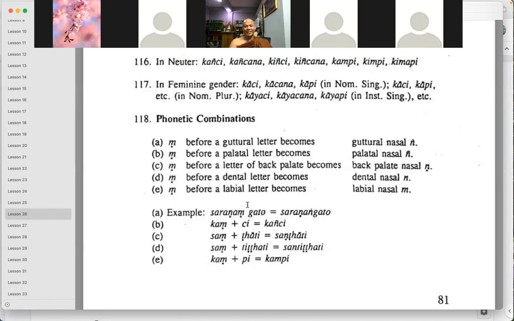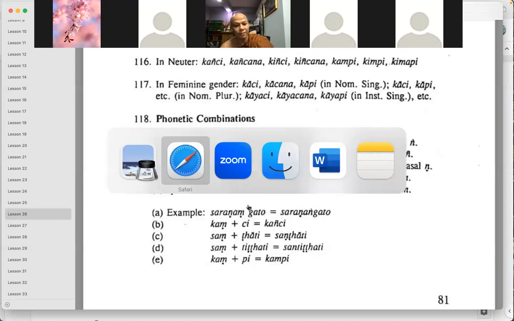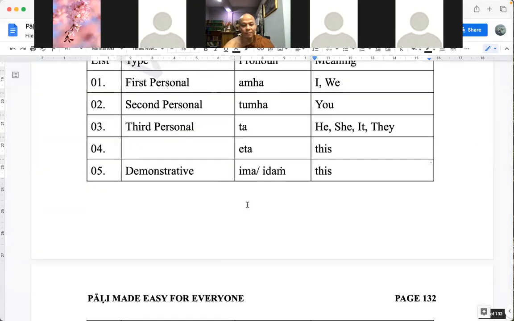And there is one thing, Bante, that I wonder about. For example, the sentence: a man who is coming is my brother.